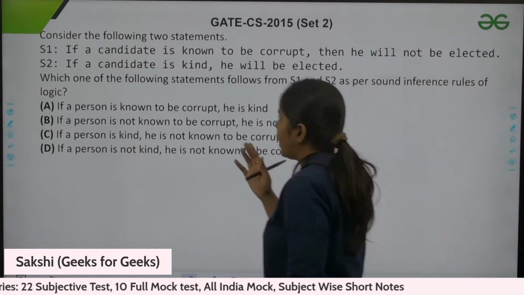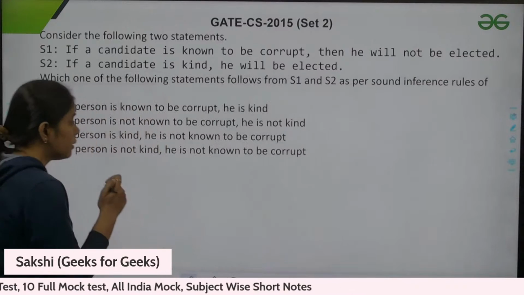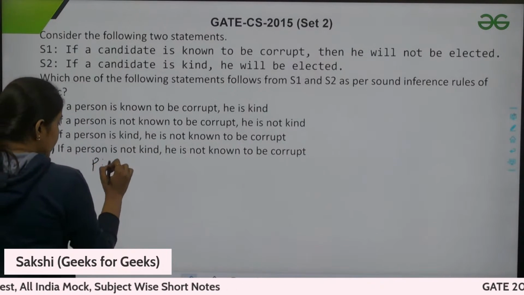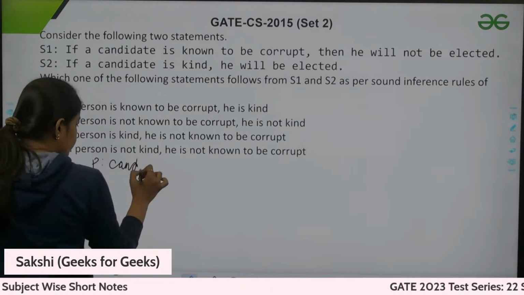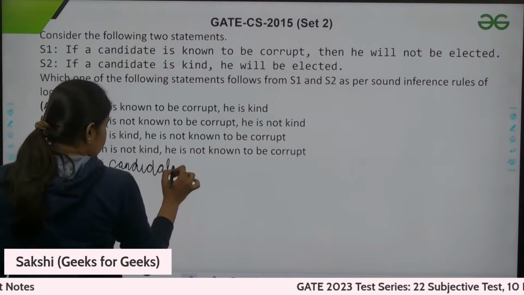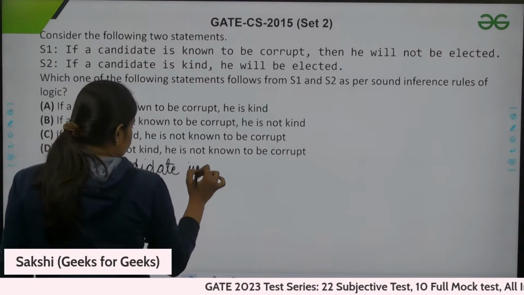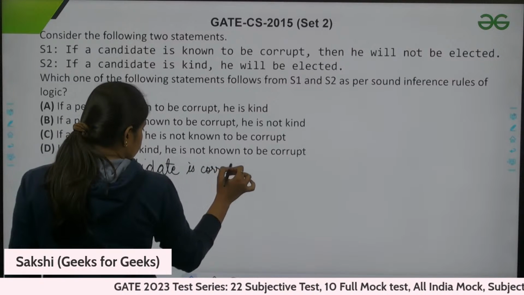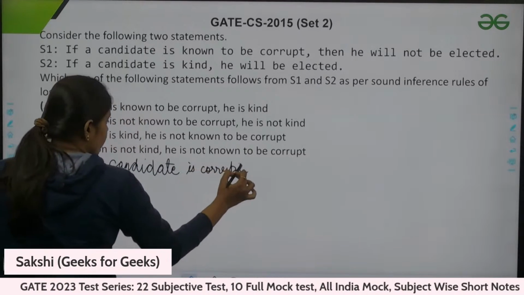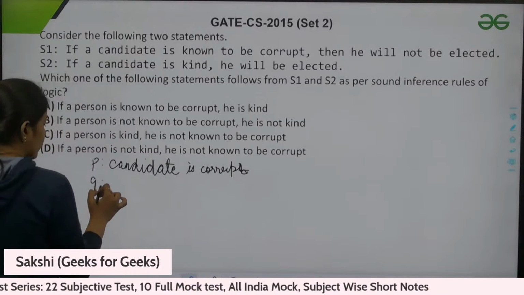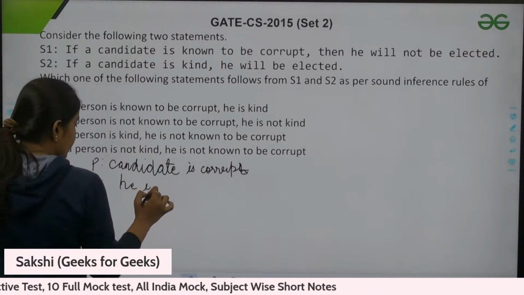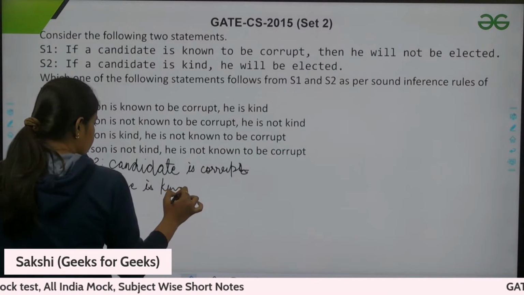So let's take p as candidate is corrupt. Candidate is corrupt, right? Let's take q as he is kind. He is kind, right?